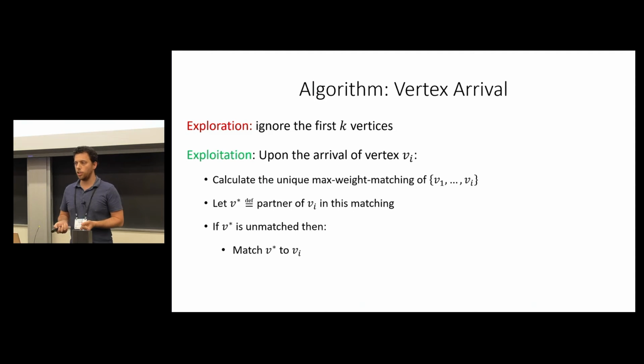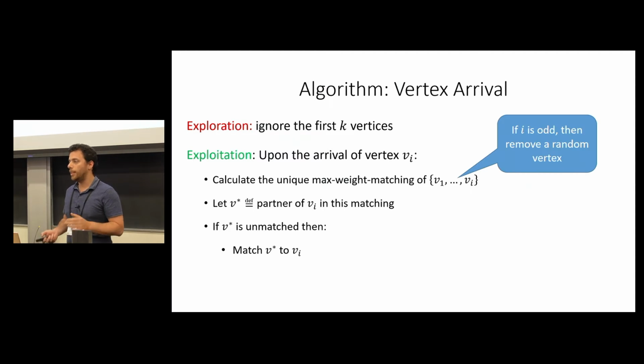Then, in the exploitation phase, upon the arrival of a new vertex, the first thing we do is calculate the unique max weight matching of the vertices that arrived so far. And this we can do by the assumption that we just showed. To be more accurate, if i is odd, then we have an odd number of vertices, so we don't have a perfect matching.